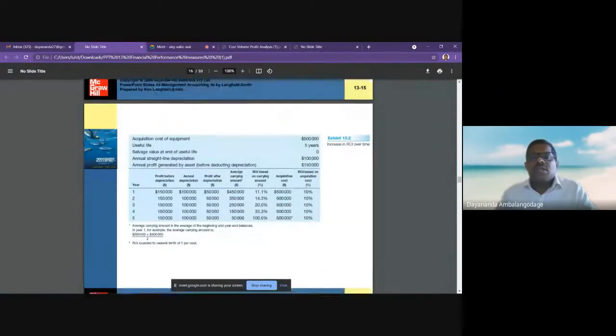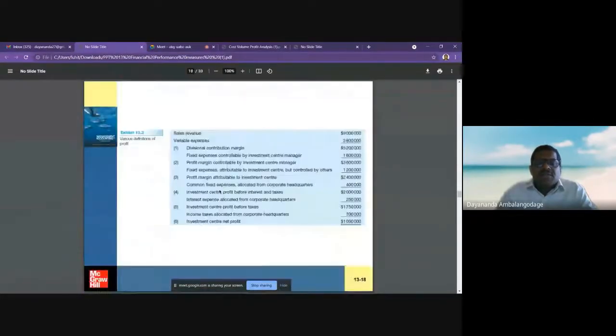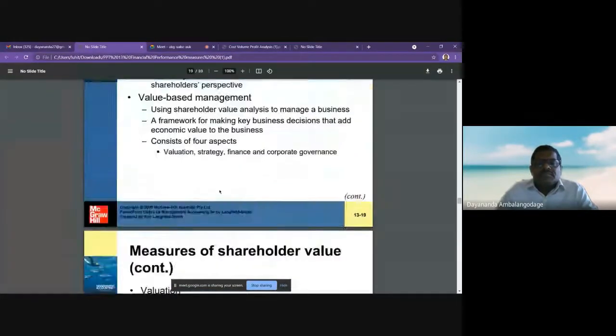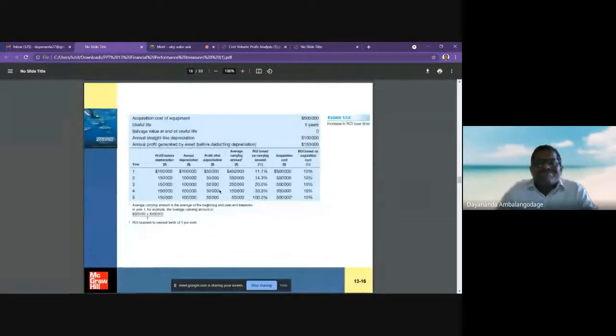Just look at this one. Can you understand this table? Just look at the table. Now you see profit before depreciation, year 1, year 2, year 3, year 4, 150, 150. Accumulated depreciation, that is annual depreciation, 100,000, 100,000, 100,000.